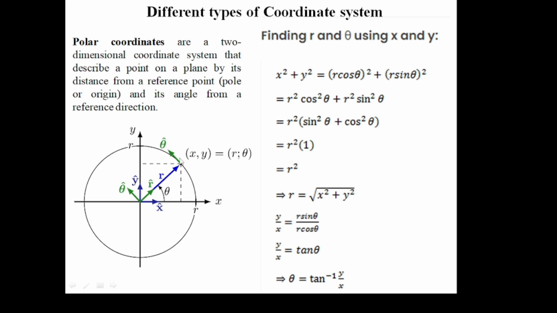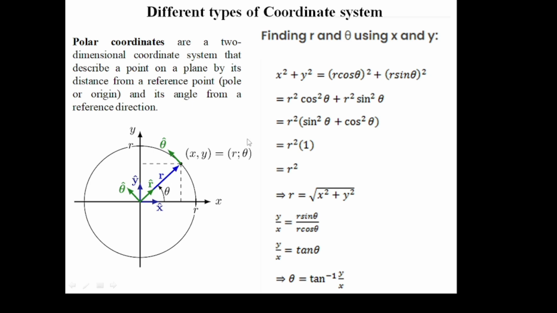If we draw a circle based on P, this is OP, O is the origin, OP distance is the position vector r, and the angle between the reference direction and this r vector is theta.